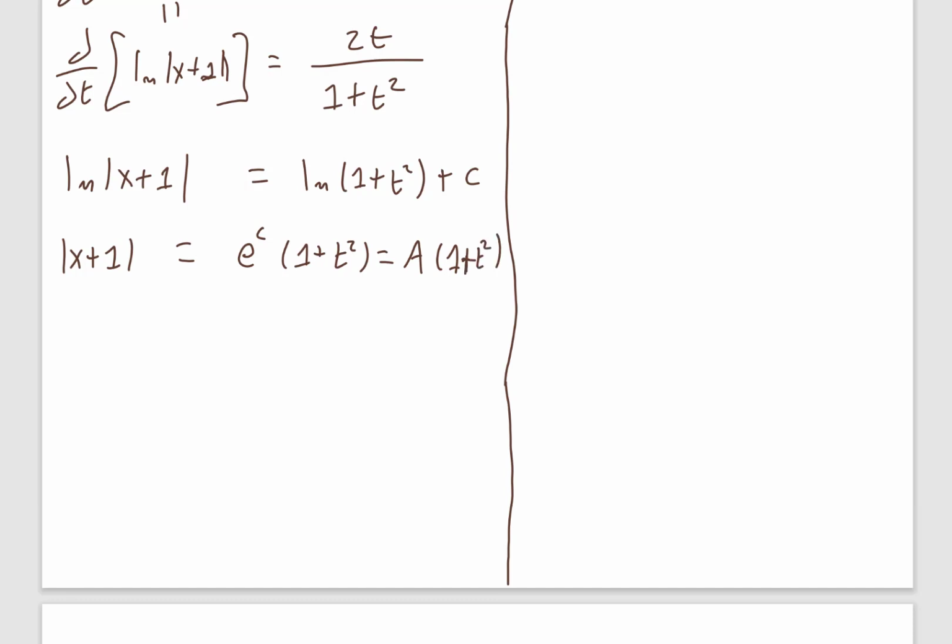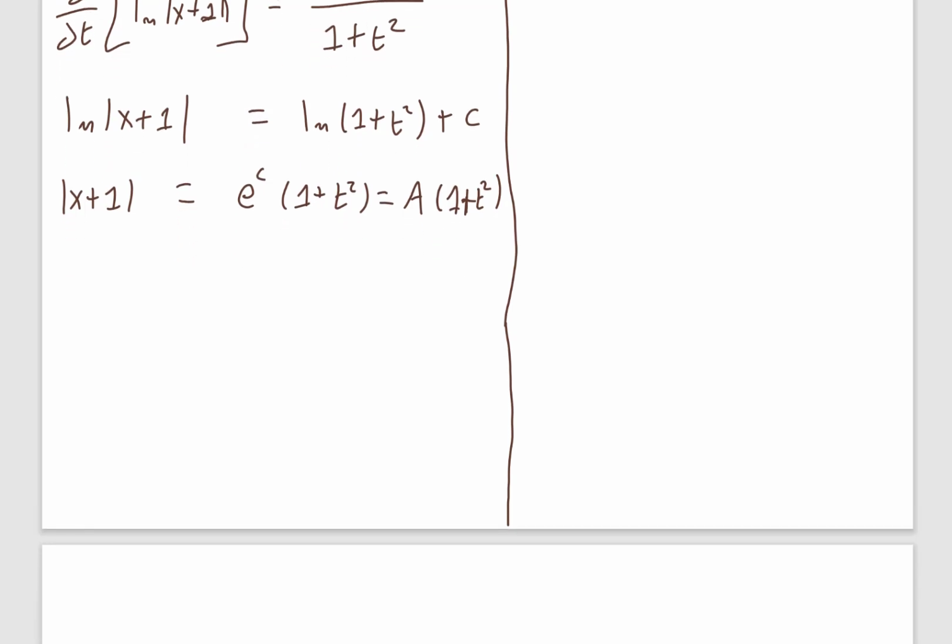You could have kept it as c times 1 plus t squared, that's fine. But now notice the absolute value. We want to get rid of the absolute value, but the absolute value is just multiplying x plus 1 by plus or minus 1, and that's also an arbitrary constant that can be absorbed into the a, so we're just going to write it as this. And finally, we get that x of t is equal to a times 1 plus t squared minus 1.